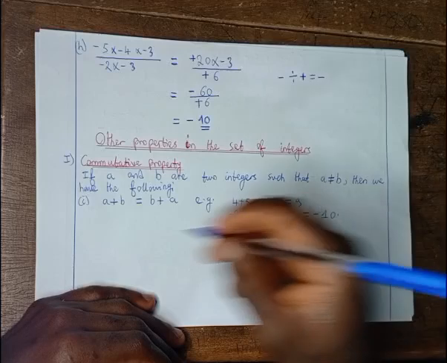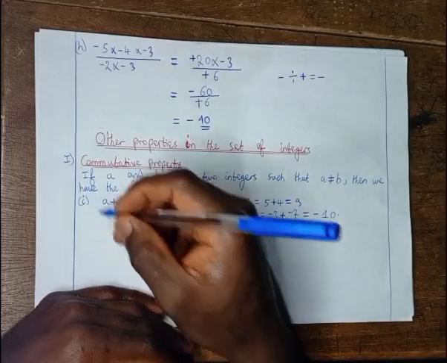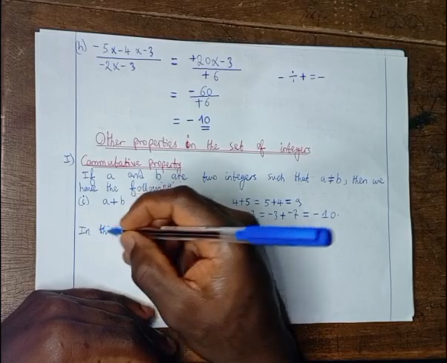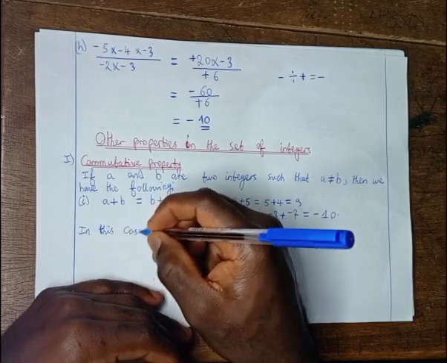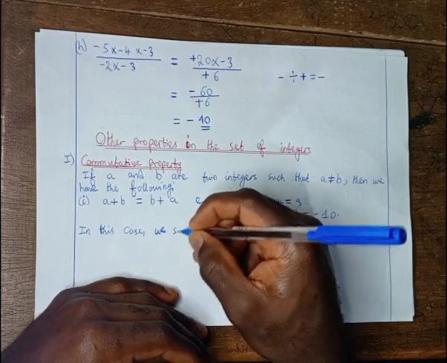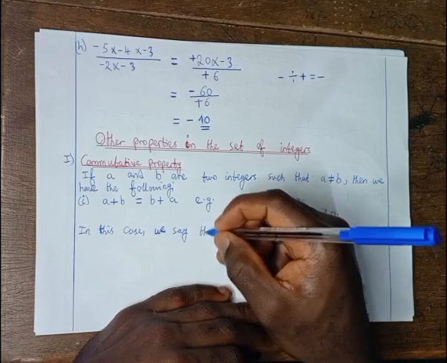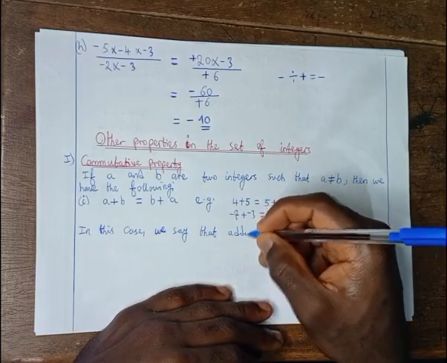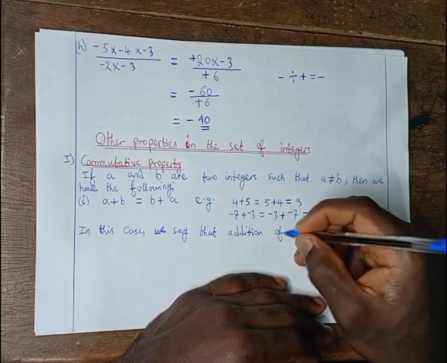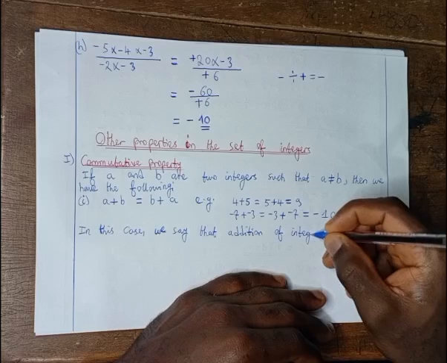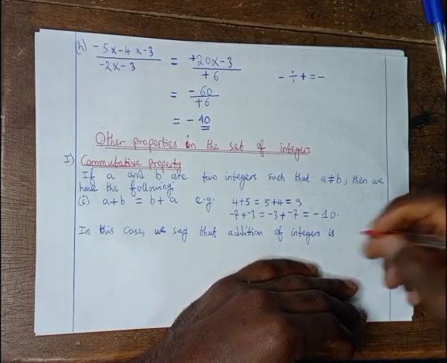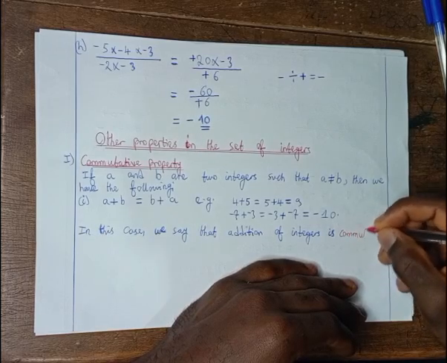So in this case, under small I, we say that addition of integers is, I'll write this down with a red pen, is commutative.